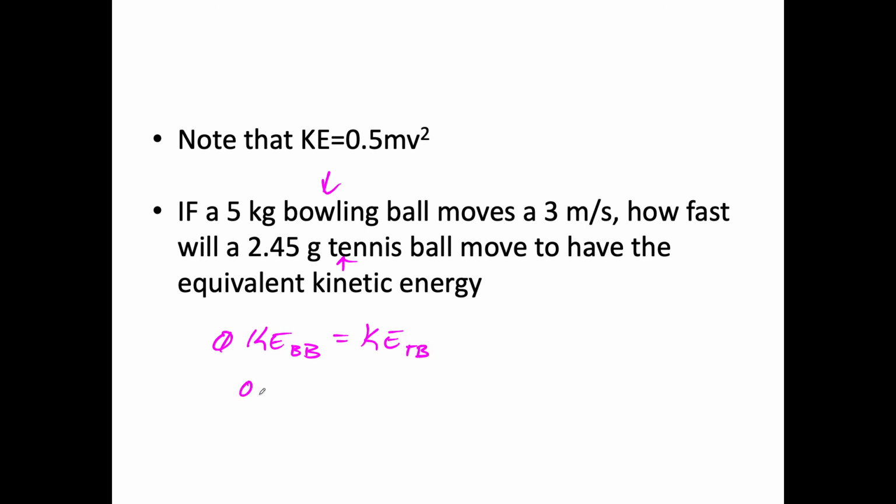So 0.5 times the mass of the bowling ball times the velocity squared of the bowling ball. I use subscripts to figure out what object we're talking about. Equals 0.5 times the mass of the tennis ball and the velocity of the tennis ball, squared. We want to know how fast this is.